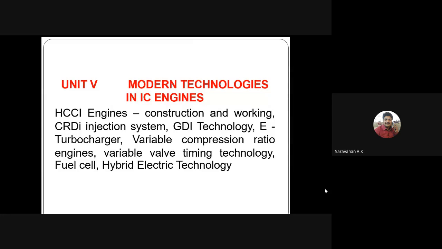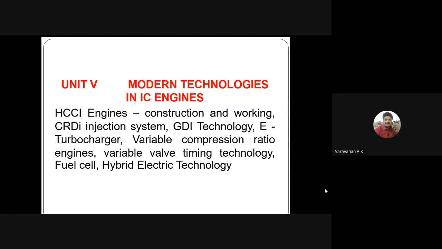We can discuss the various technologies incorporated nowadays. These modern technologies in IC engines we are going to discuss in the fifth unit.